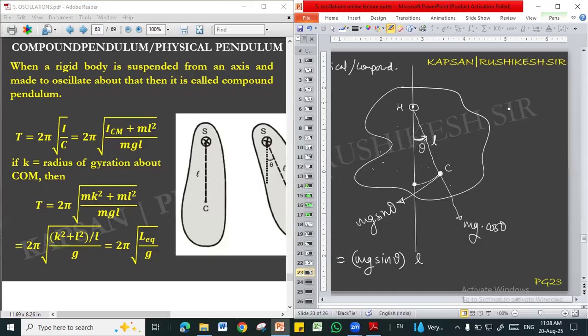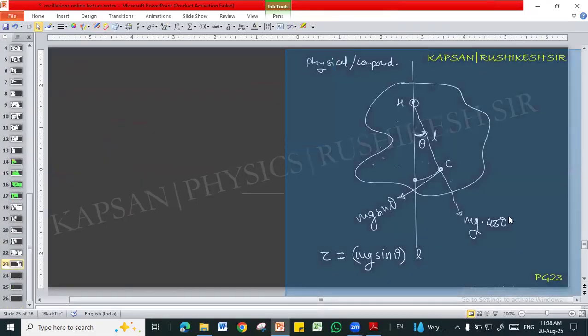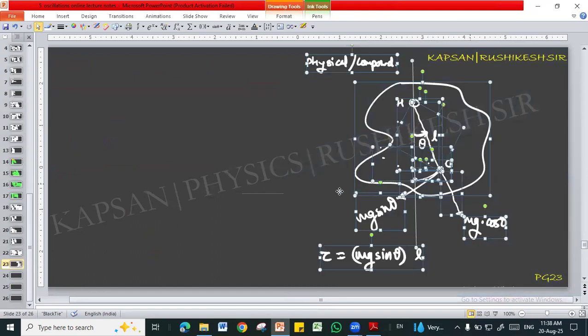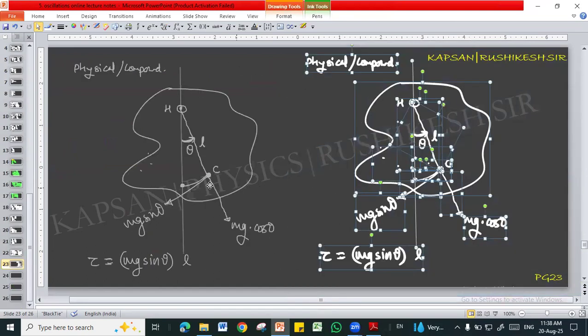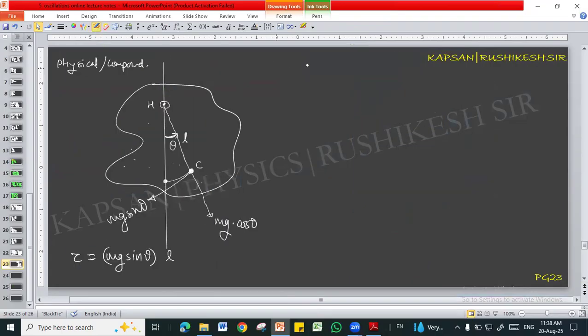So for a compound pendulum, the restoring torque tau is equal to mg sin theta into L, force into its perpendicular distance. So it is mgL into sin theta.